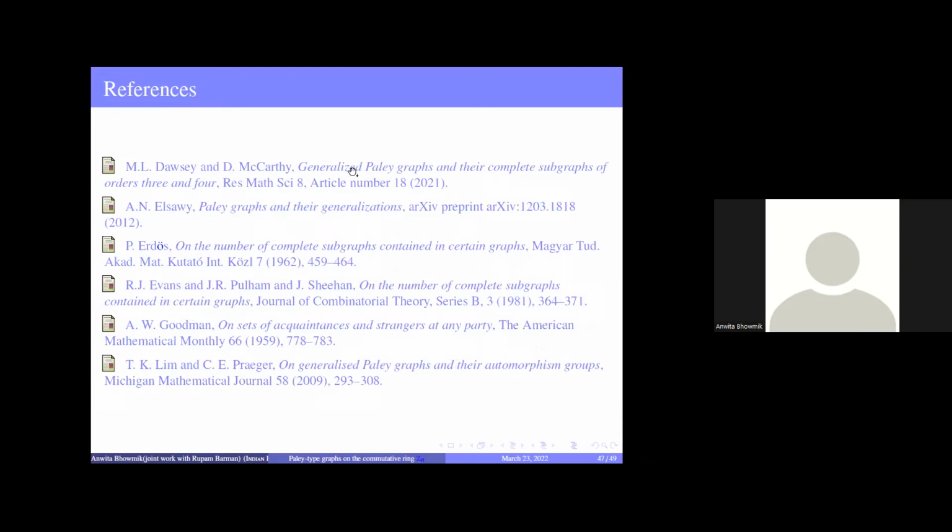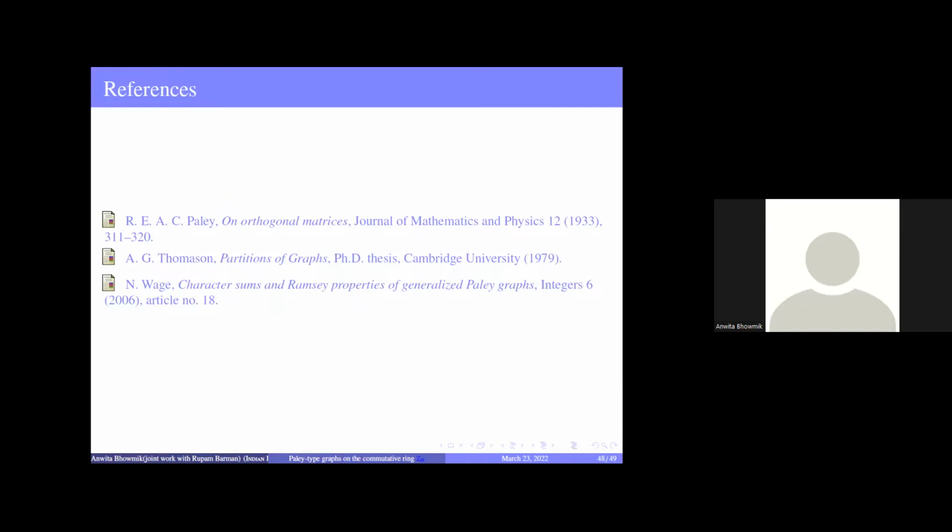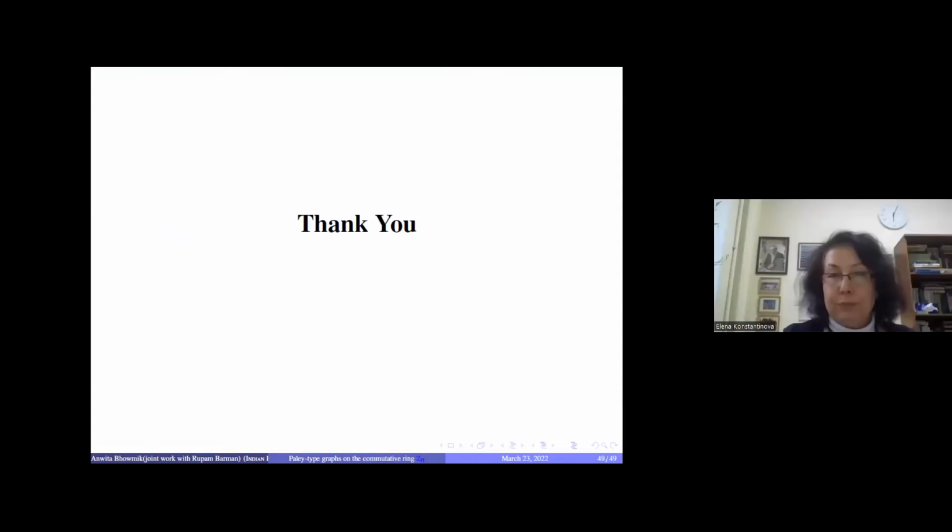This was the computation of complete subgraphs of orders 3 and 4 in the generalized Paley graph, which was defined by Lim and Taylor. And this is the paper in which they computed the number of complete subgraphs for prime. This is Paley's original paper of 1933. I'm done. Thank you.